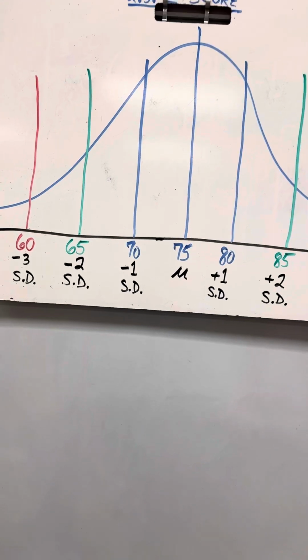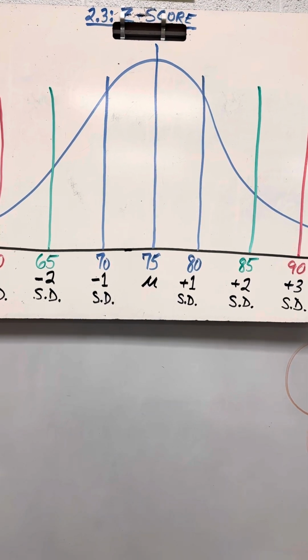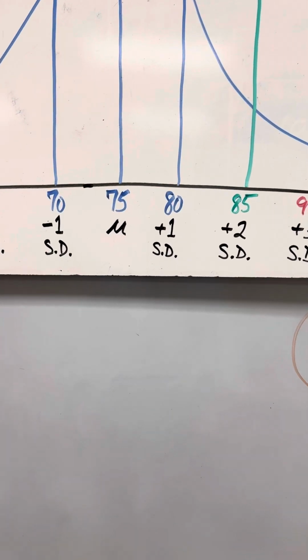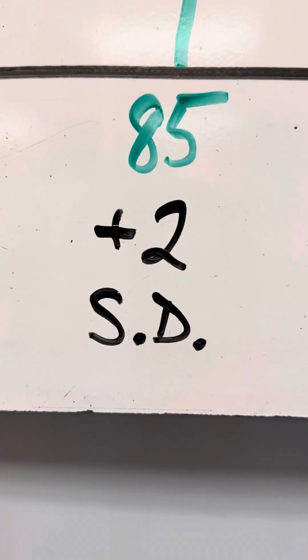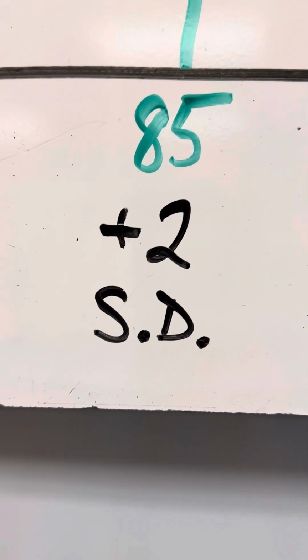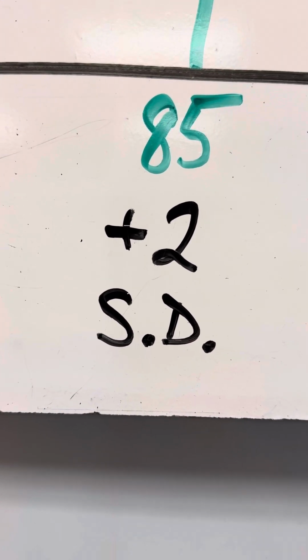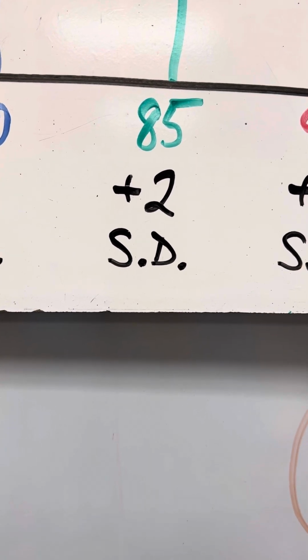Okay? So, if I said, what is the Z-score of a person who scored 85? If you got an 85, the Z-score is just 2. That's it. That's Z-score. Z-score is the number of standard deviations from the mean.